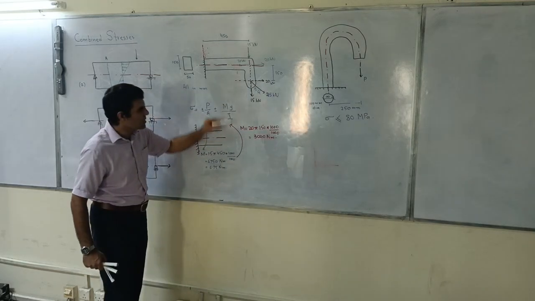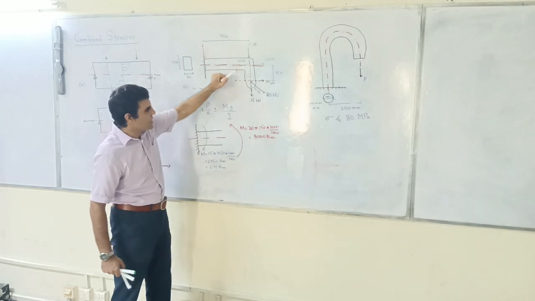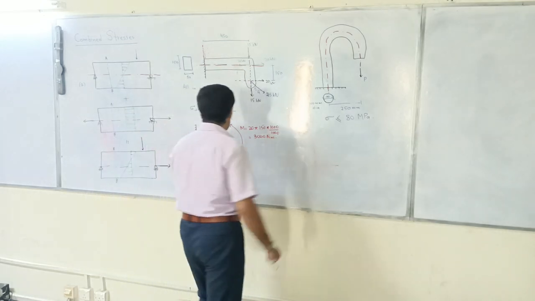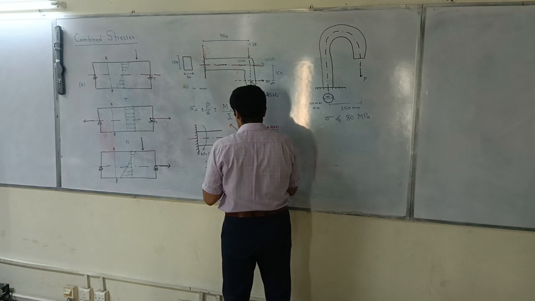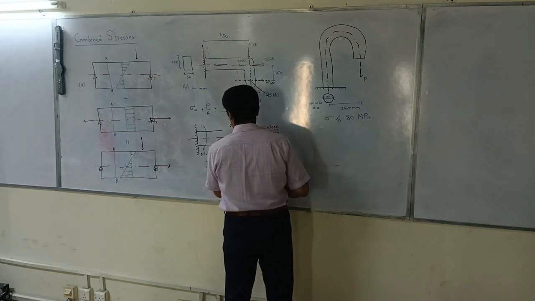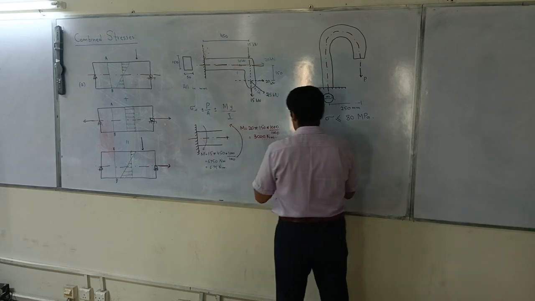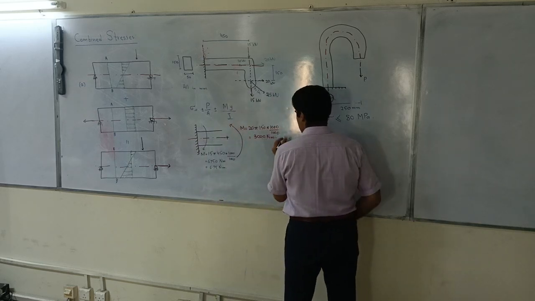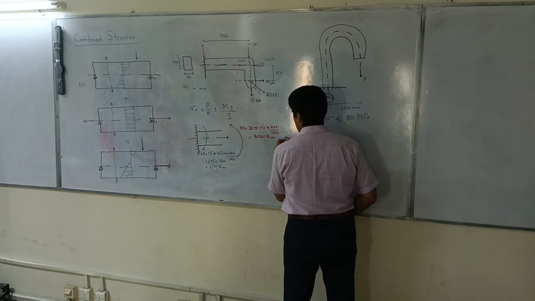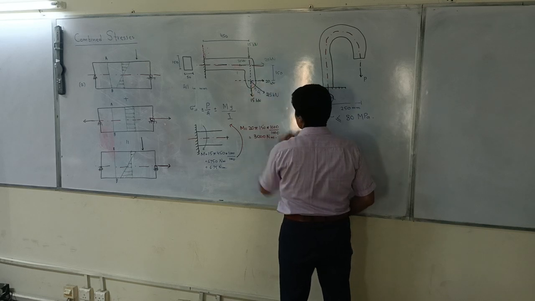This is the couple, which is 20 and 20 into 150. And then you have this moment plus this, plus you have a tension force which is 20 kilonewton.